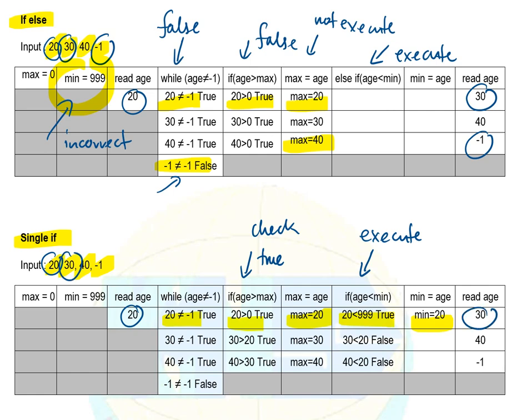And the program will repeat continuously until the condition for while is false. Then only it will stop the loop. So you will get maximum value as 40 and minimum value is 20. That's why you have to use single if construct.